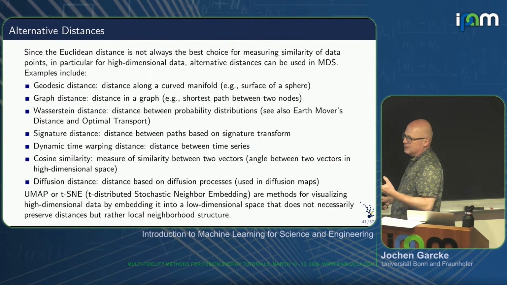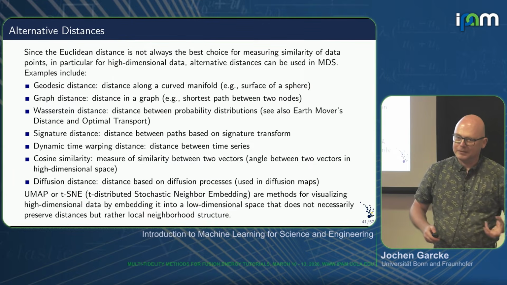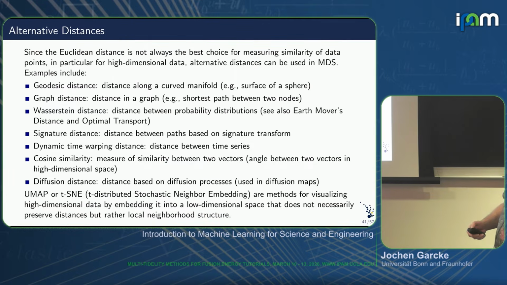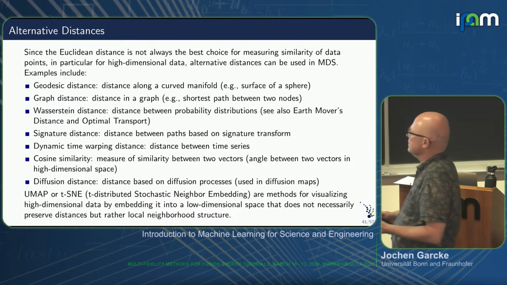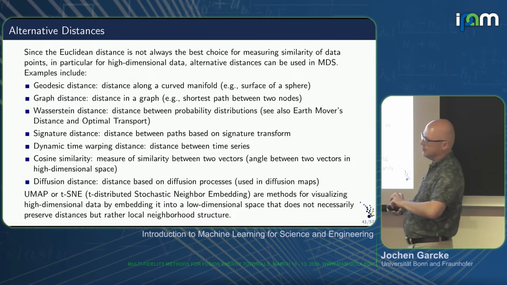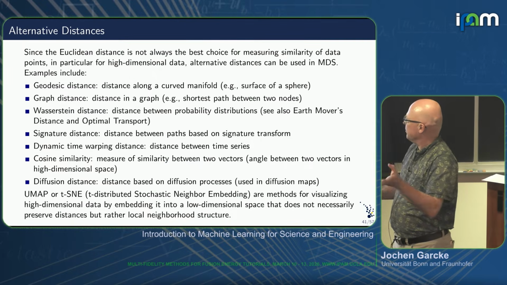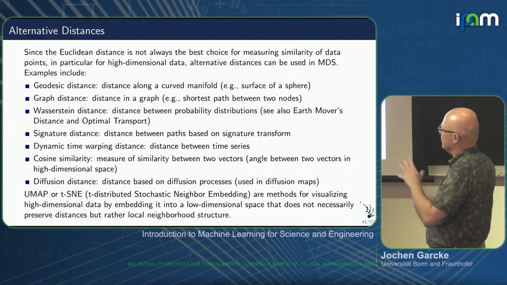But then you want to decide what kind of distances. As we had before, the geodesic distance; Euclidean distance might not be the best one. If you can compute or approximate geodesic distances, you can use graph distances. You might use Wasserstein distances or optimal transport, Earth mover distances, or some other one.